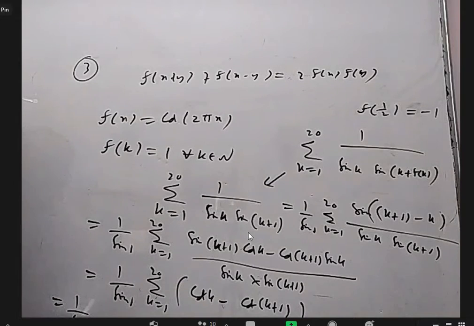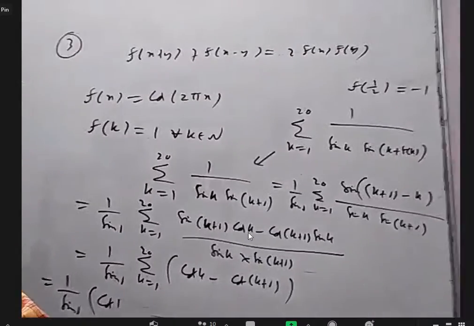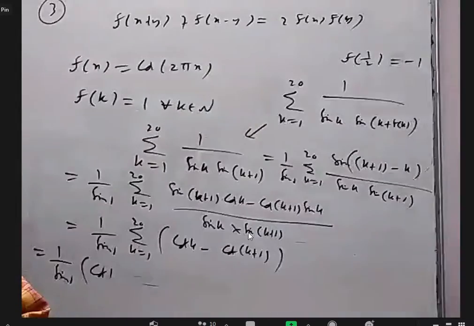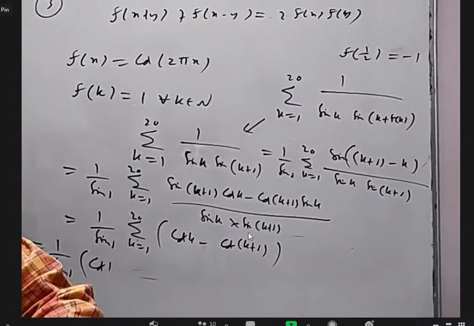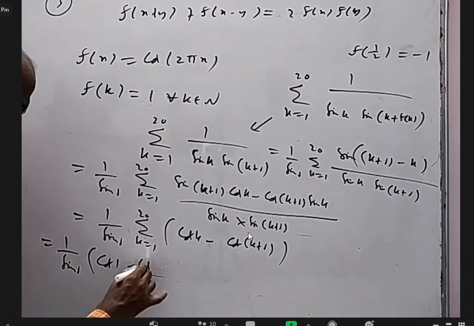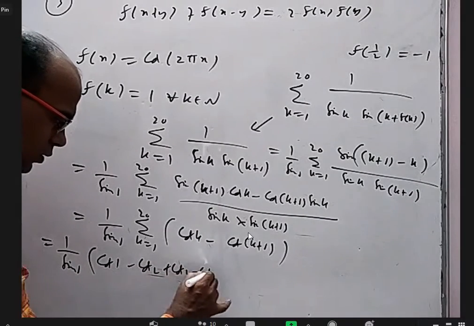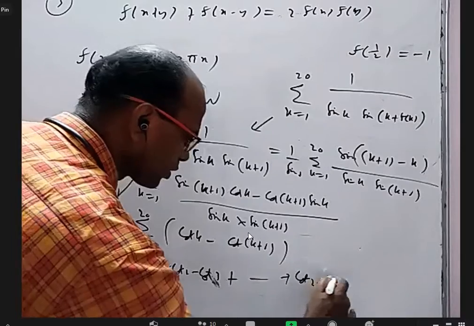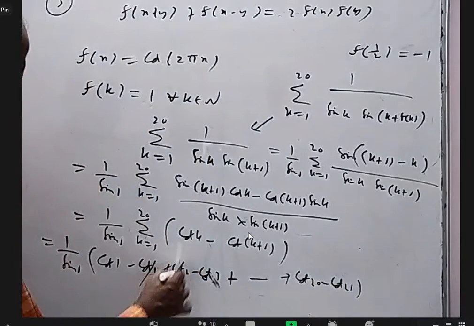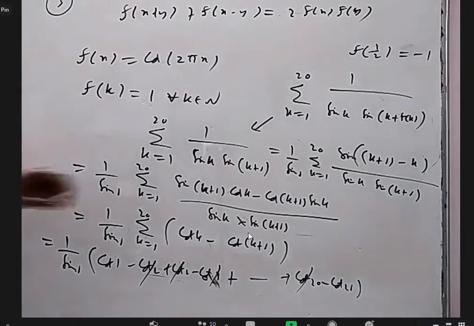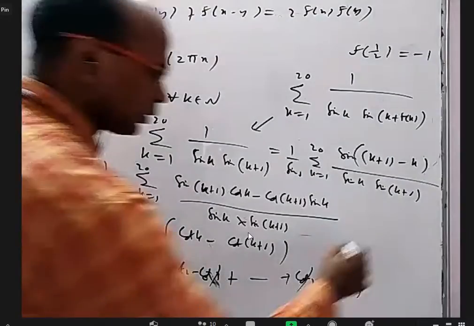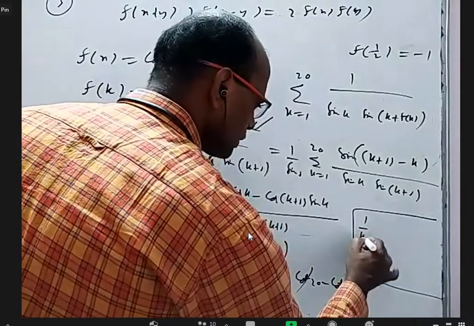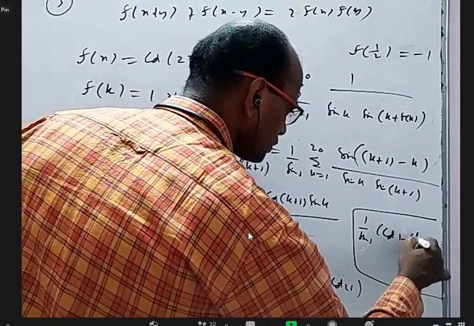So 1 by sin 1 into, when I put 1, I'll get cot 1 minus cot 2 plus cot 2 minus cot 3, and so on, at the end cot 20 minus cot 21. All these will cancel. I'll get cot 1 minus cot 21. So finally, I got 1 by sin 1 into cot 1 minus cot 21.